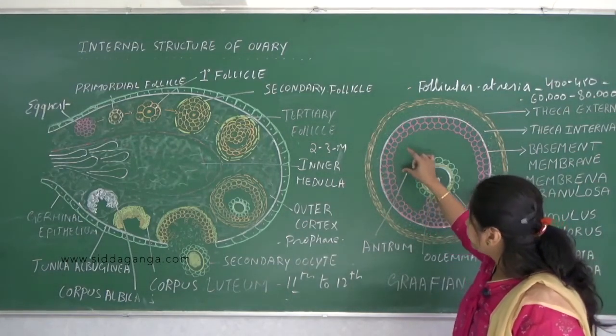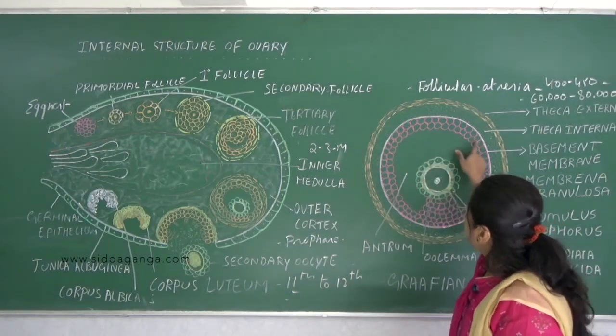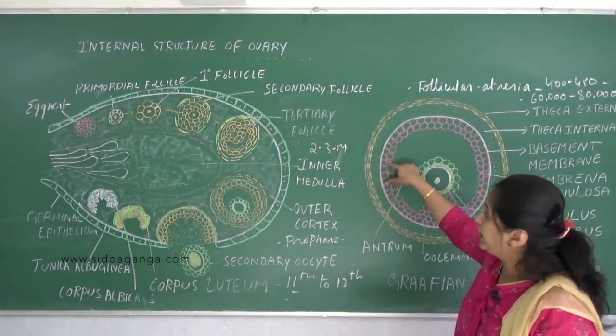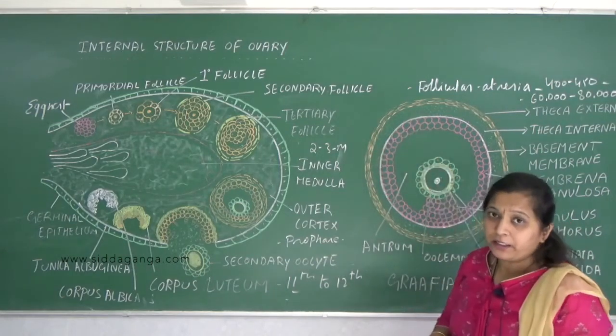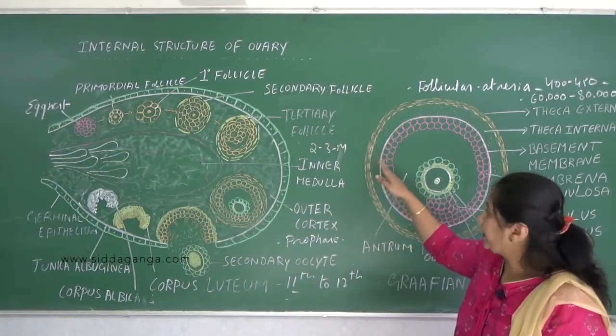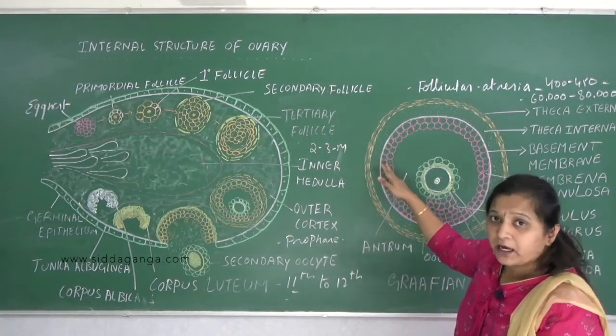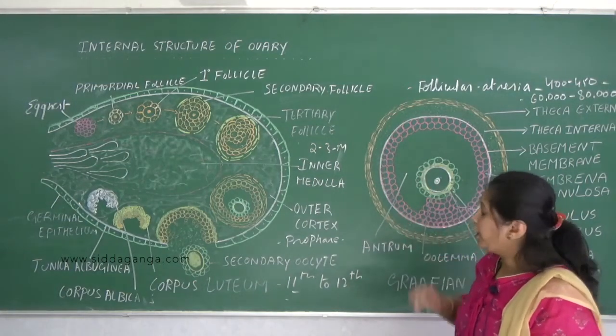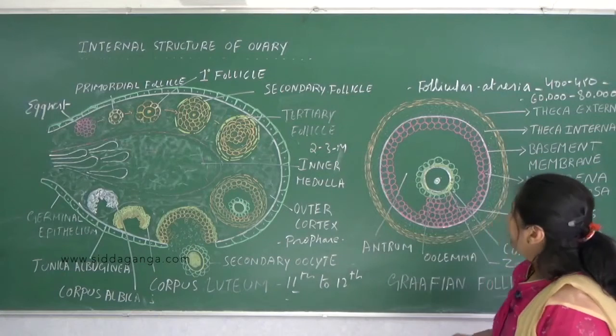FSH acts on granulosa cells, whereas LH acts on the theca interna.